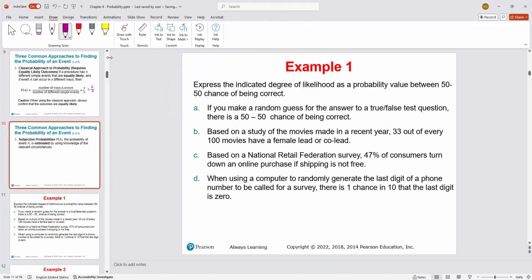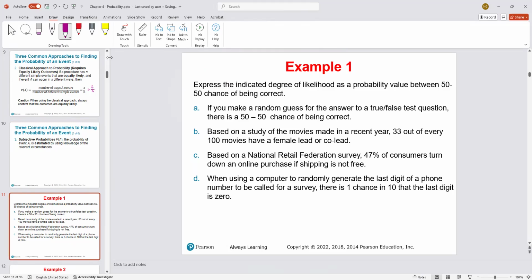Now, let's see some examples very quickly. We're just going to go through some of them. Express the indicated degree of likelihood as a probability between 0 and 1. Remember, 50-50 is right in the middle.